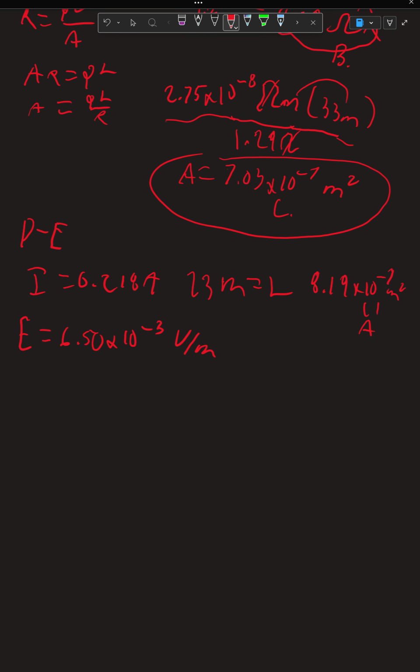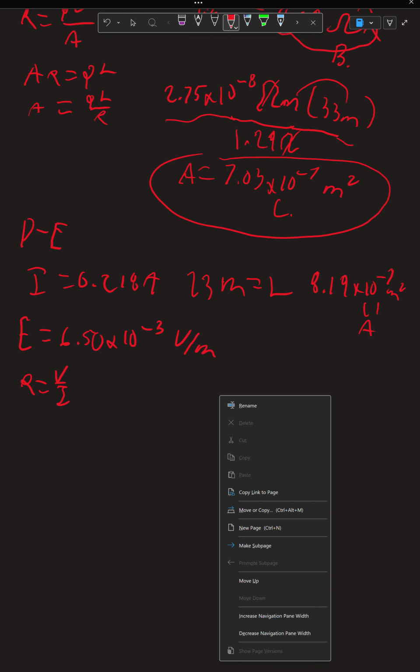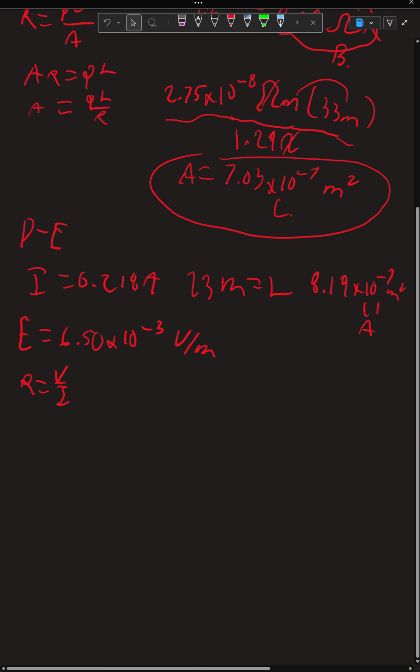To find the resistance of the wire, we first have to find voltage. To find resistance, we use R equals V over I. We don't have V, but we have current.